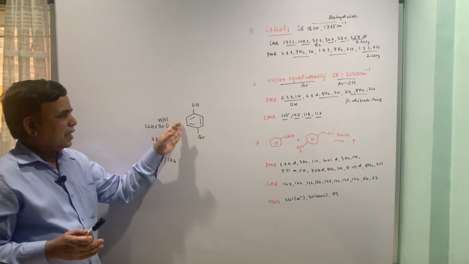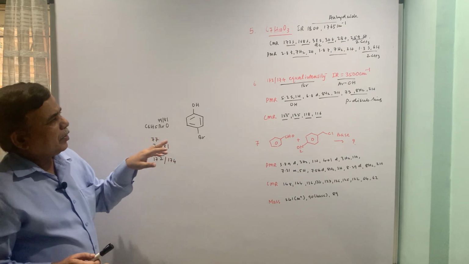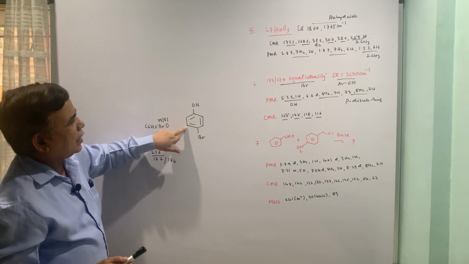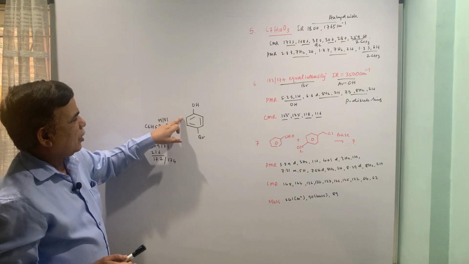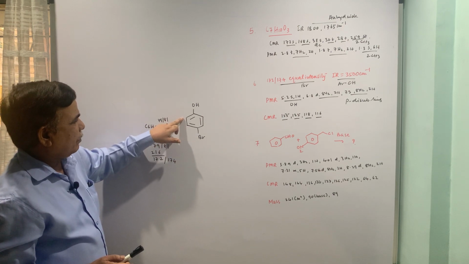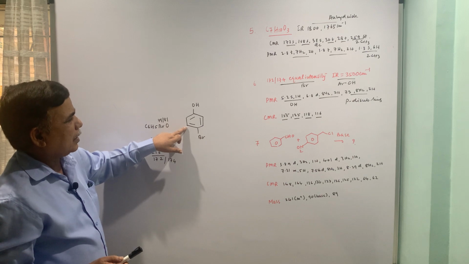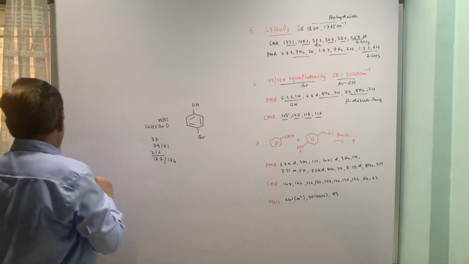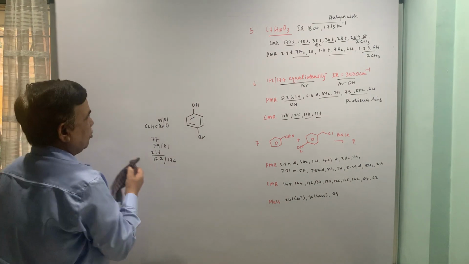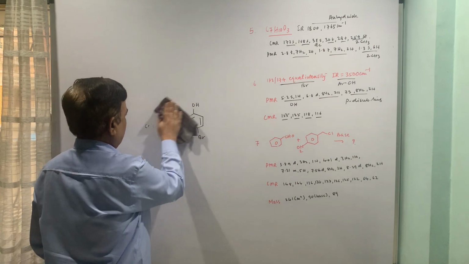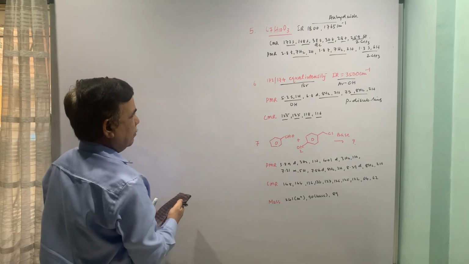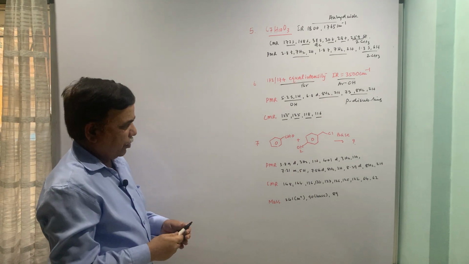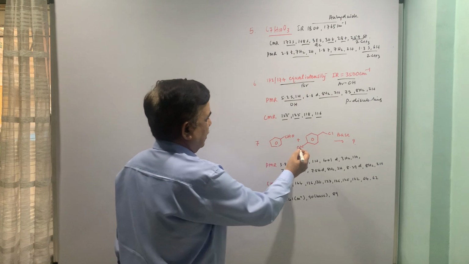And para disubstituted, the chemical shifts I would tell, this is 6.8, this is 7.3, both are normal. 6.8 is up, quite upfield, this is normal, 7.3 is normal, because OH is compensating the electron withdrawing effect of Br in this case. So the product is parabromophenol.